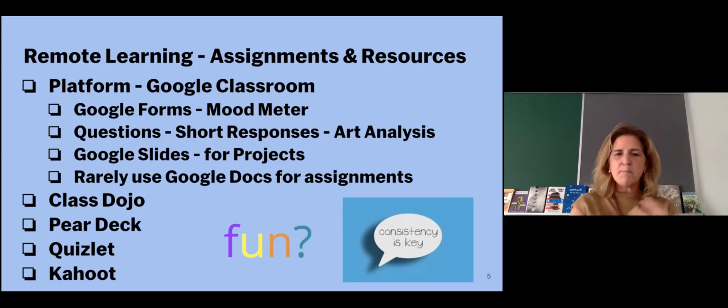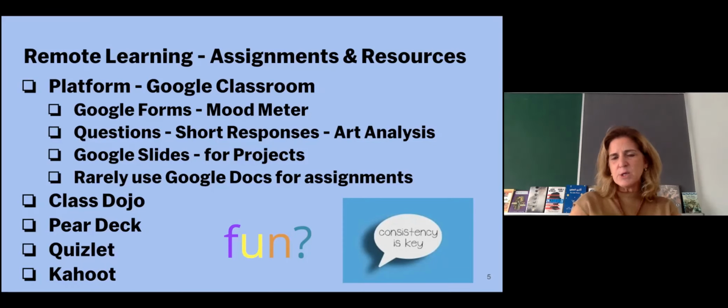Class Dojo is a behavior modification program. I use Quizlet all the time for vocabulary. It allows for images, it allows for competition. I also use Kahoot for reading comprehension challenges. But you have to decide for yourself what resources you're comfortable with using and that meet your needs.